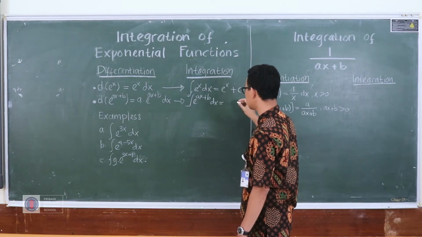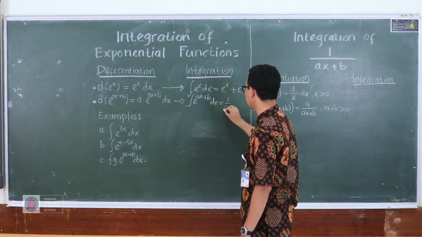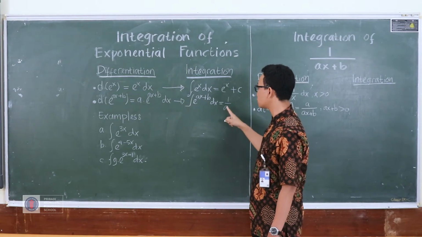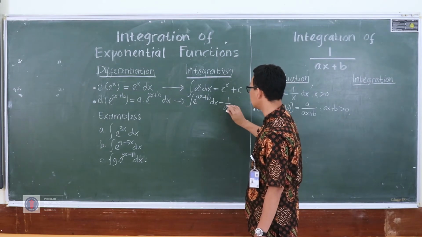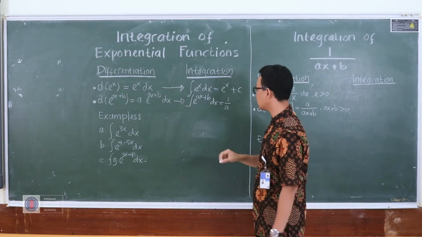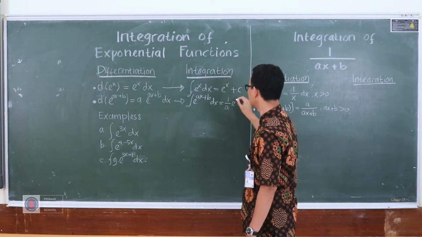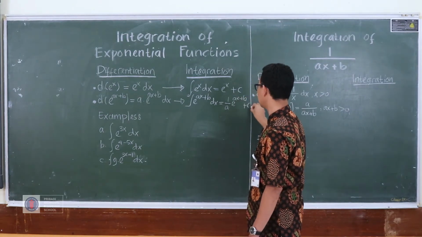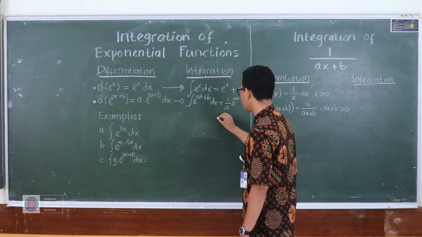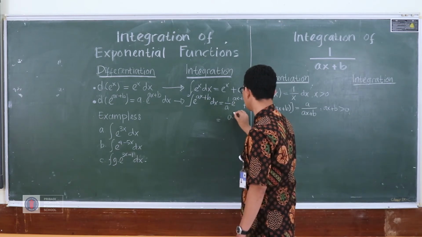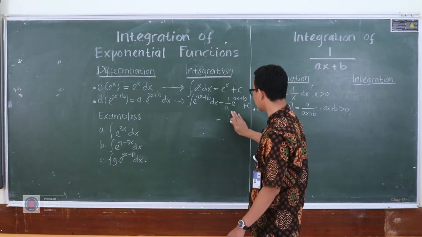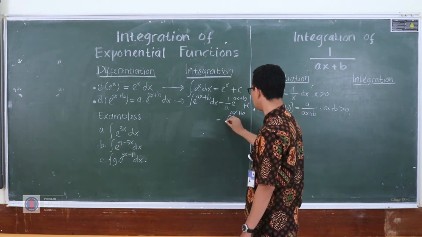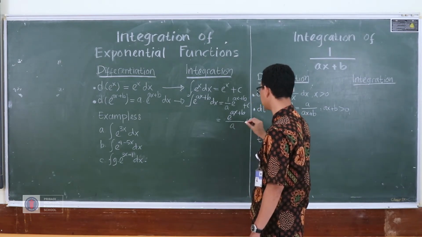So we can write 1 over a. What is a? By the chain rule before, for e to the ax plus b, the derivative is a. So meaning you just simply divide by a, right? And then e to the ax plus b plus c. Or you can rewrite it as e to the ax plus b over a plus c.